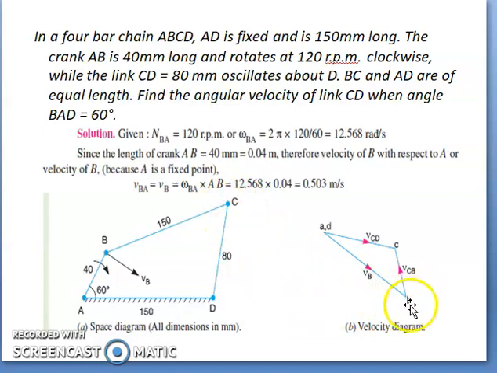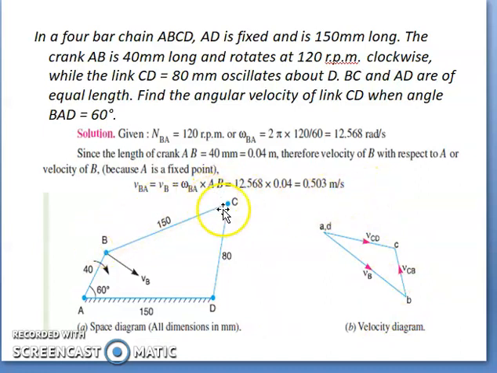So from the point B, you draw a line perpendicular to BC, that is representing the velocity of C with respect to B. I am repeating once again.